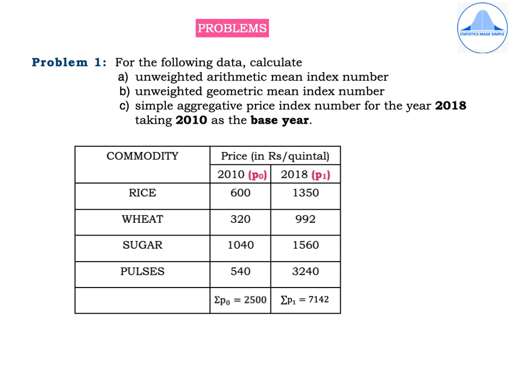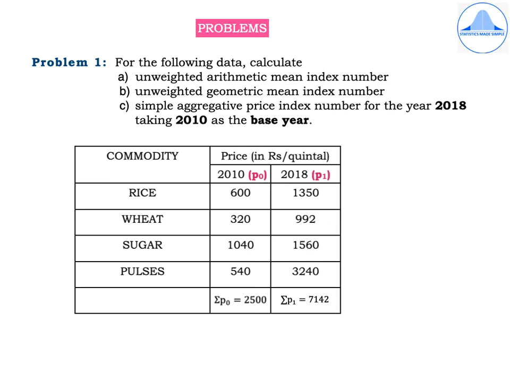Let us start with some problems based on unweighted price index numbers. The first question: from the following data, calculate subdivision A, unweighted arithmetic mean index number; subdivision B, unweighted geometric mean index number; and subdivision C, simple aggregative price index number for the year 2018, taking 2010 as the base year. In the first column you have commodity: rice, wheat, sugar and pulses.